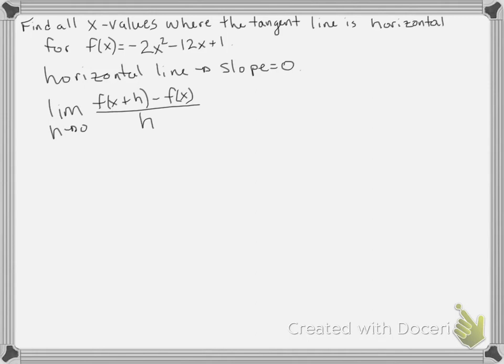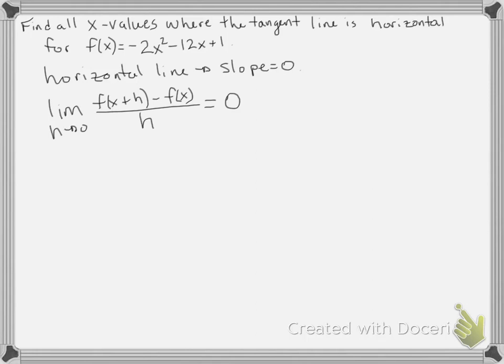We know, because we have a horizontal line, that our slope is equal to 0. So this limit as h approaches 0 of f of x plus h minus f of x all over h must be equal to 0. So instead of having an x value and trying to figure out what the slope is, we have a slope, 0, and we're trying to figure out the x value.